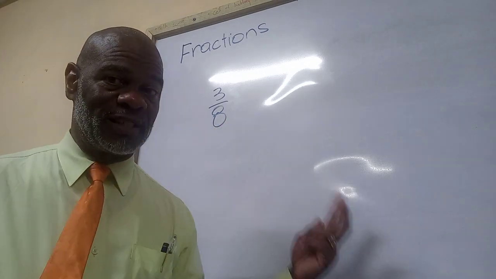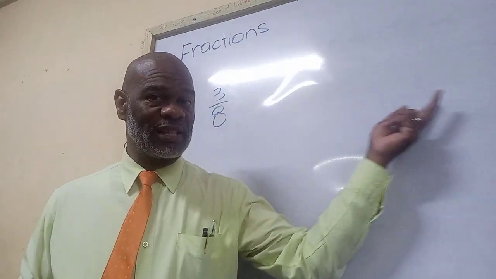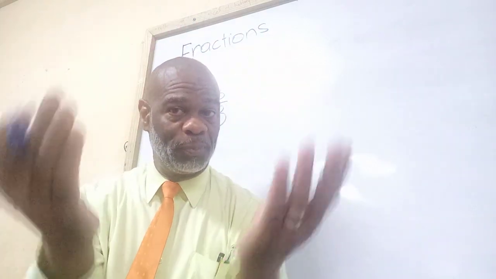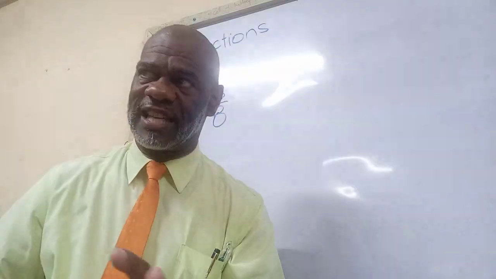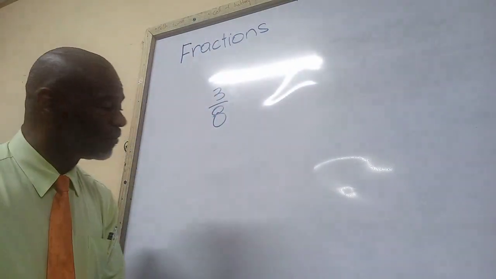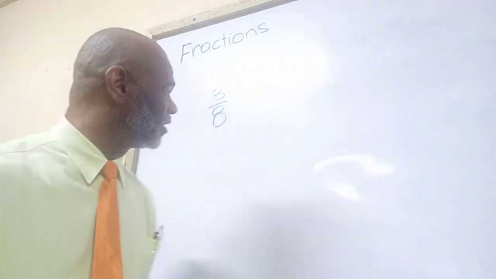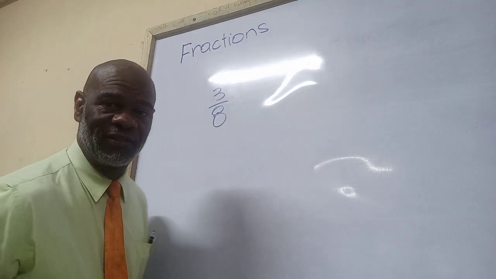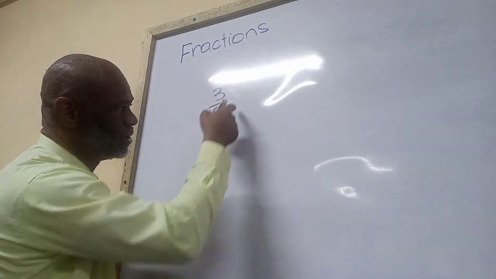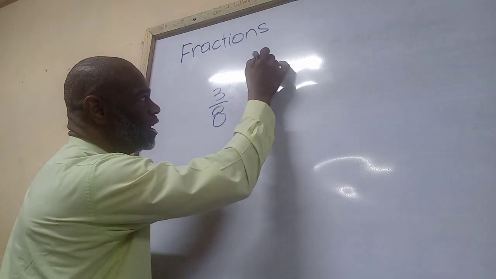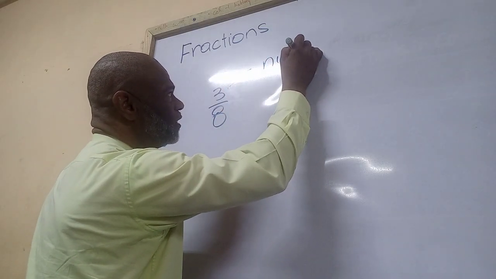Now, when we had the pizza, how many slices did we have? We had 8 slices. So the whole pizza was made up of 8 slices, and one part is 1/8. So with this fraction, 3/8, the number at the top we call the numerator.